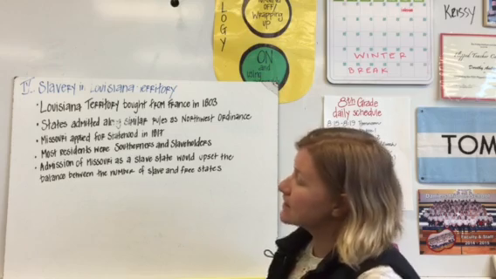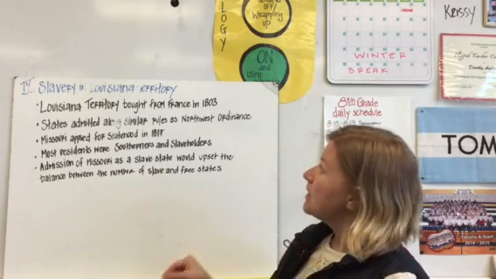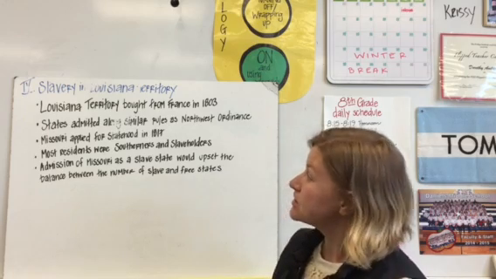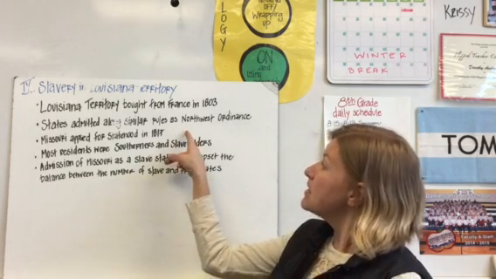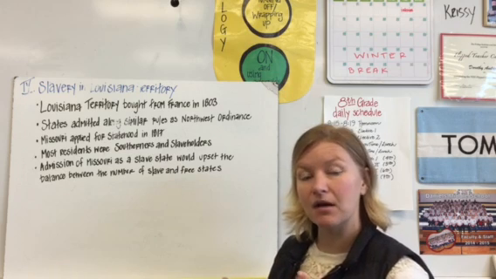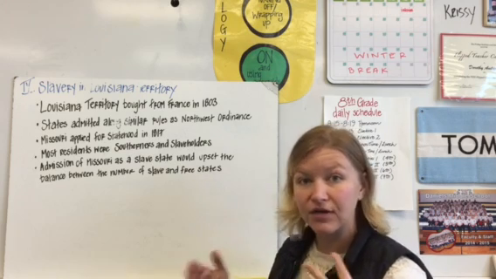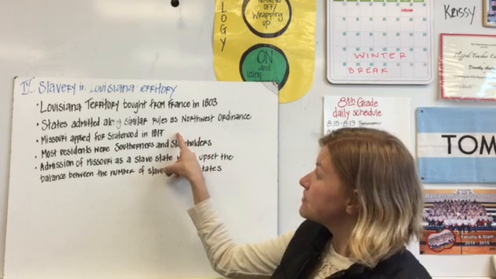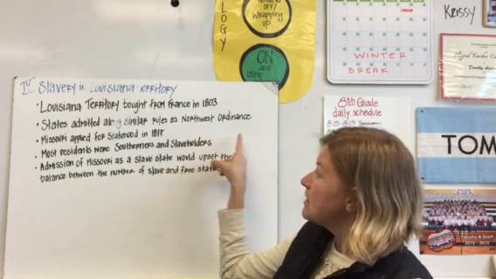Okay, so finally we have slavery in the Louisiana Territory, which we know was bought from France in 1803 with the Louisiana Purchase. States were admitted along similar rules as the Northwest Ordinance. There was a lot of debate about what to do with the slavery issue among these states. Missouri applied for statehood in 1817.